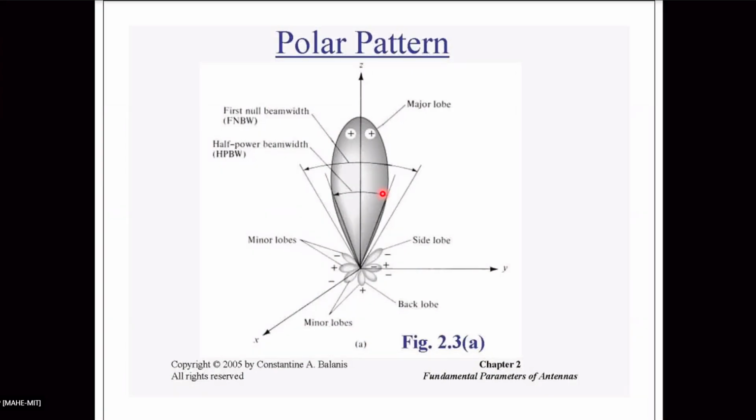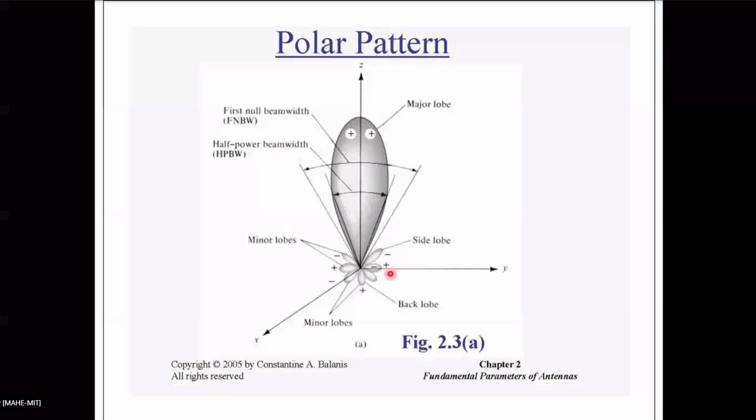Here you have P_max, and this is half the P_max. So this is the half power beamwidth where the radiated power is greater than or equal to half P_max. So are you getting it?